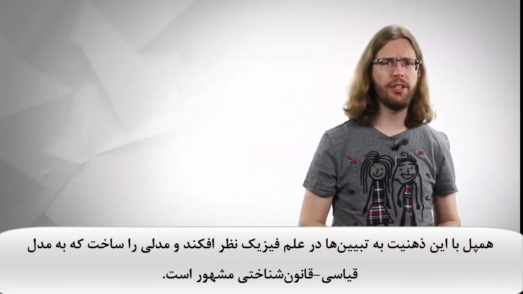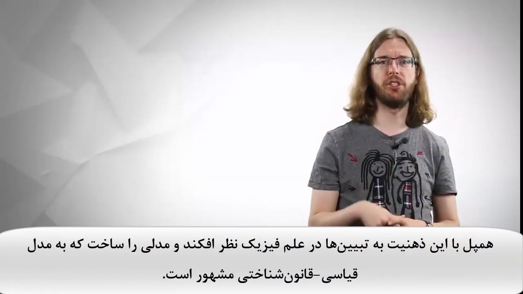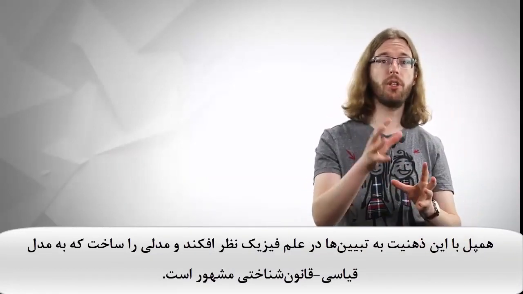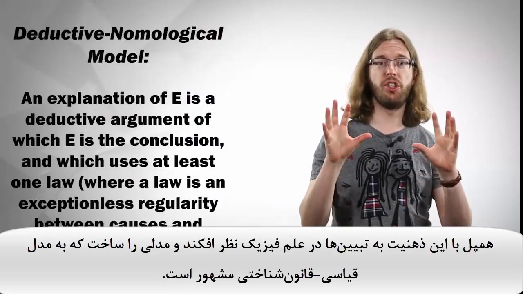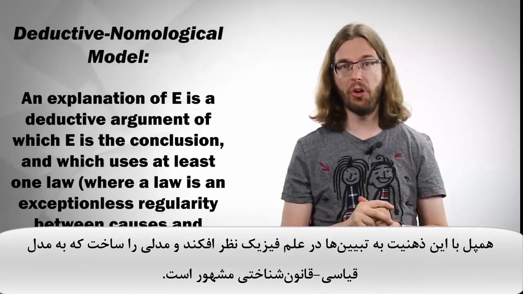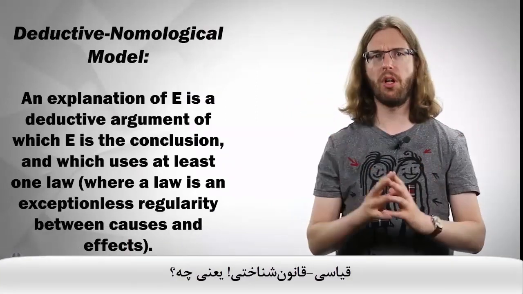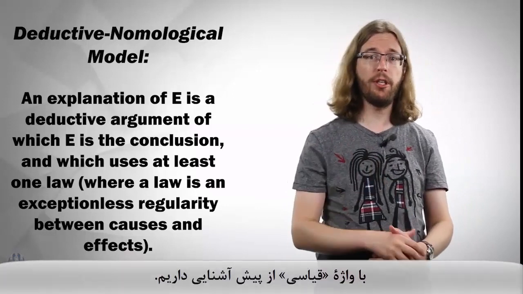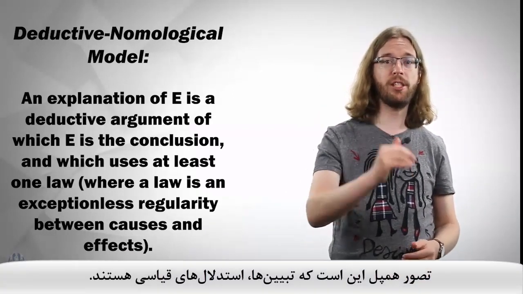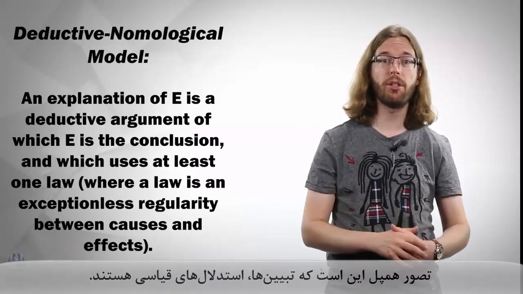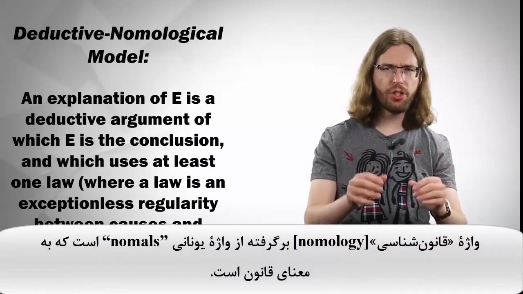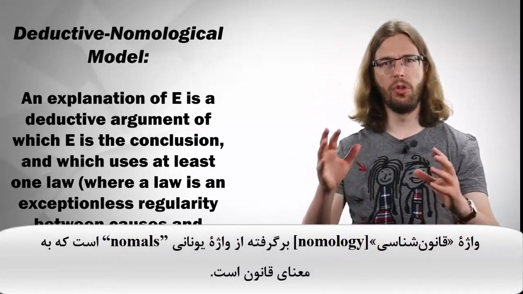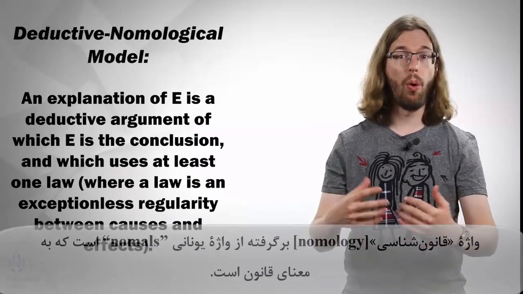With that thought in mind, Hempel looked at explanations in physics and constructed a model that became known as the deductive nomological model. Deductive nomological. What does that mean? Well, deductive is a word we already know. Hempel thinks that explanations are deductive arguments. Nomological comes from the Greek word nomos, which means law.